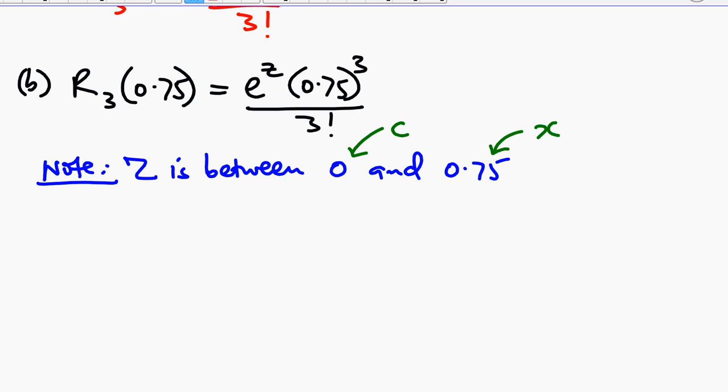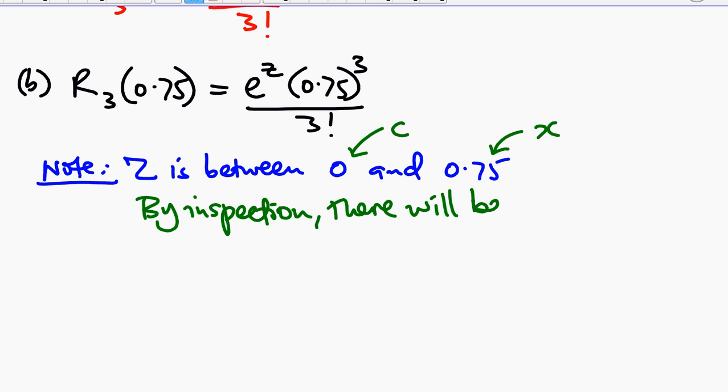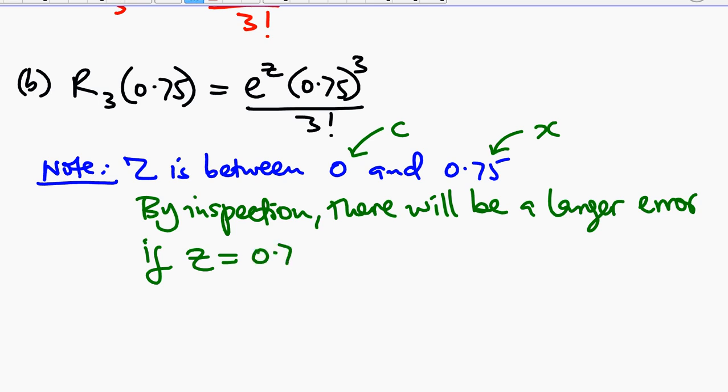If you plug in 0.75, you'll end up with a higher error. So basically, we can say that by inspection, there will be a larger error if z is equal to 0.75.